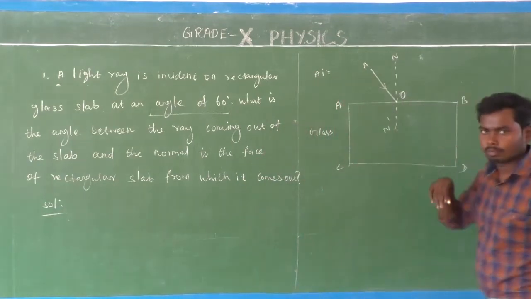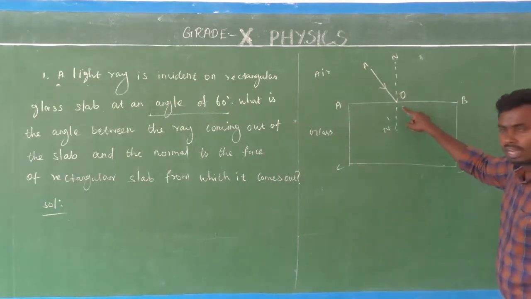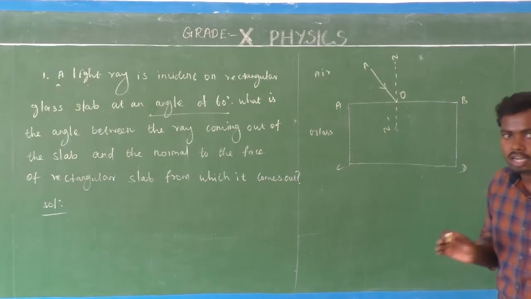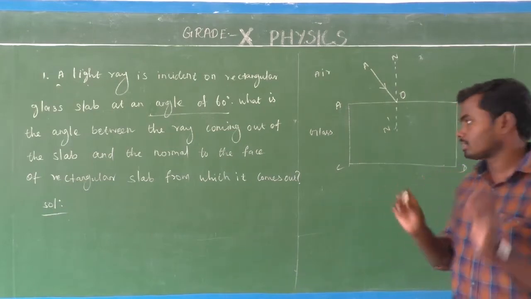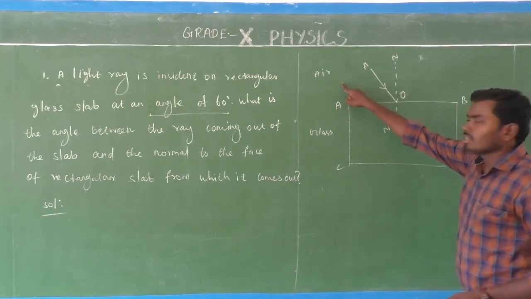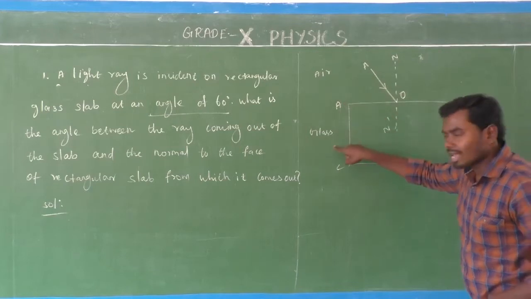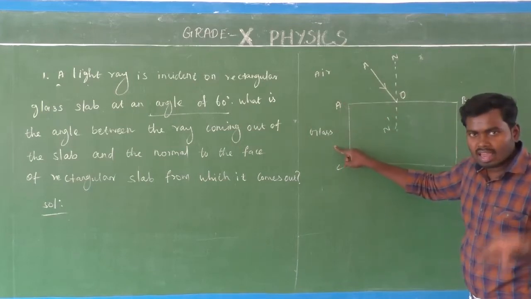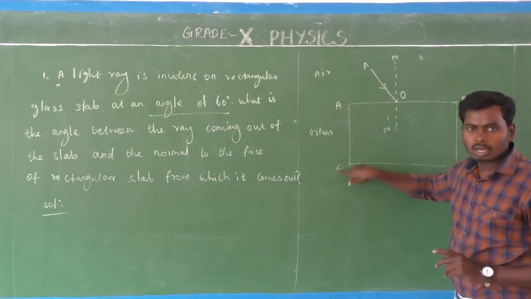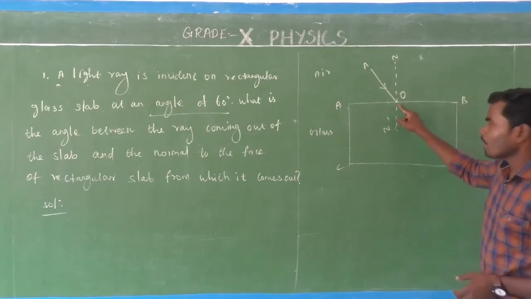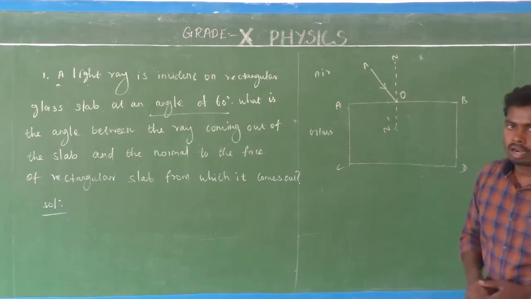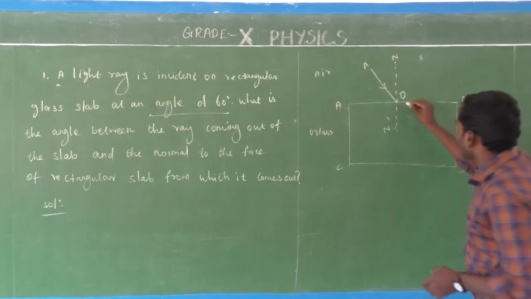The incident ray has to travel into glass because glass is also a transparent medium. Air is optically rarer medium and glass is optically denser medium. So when light goes from an optically rarer medium to a denser medium, what will happen? The refracted ray moves towards the normal, which means closer to the normal, like this.